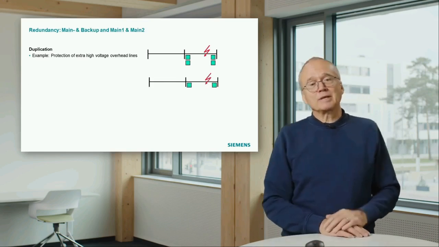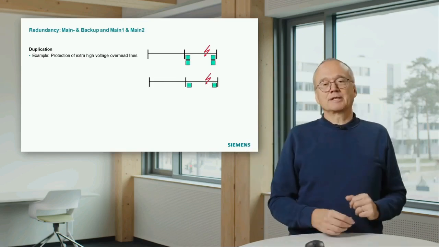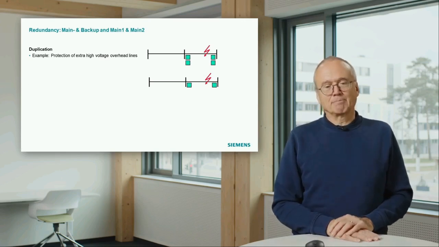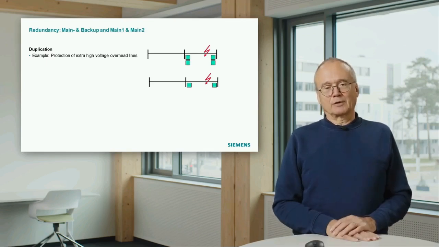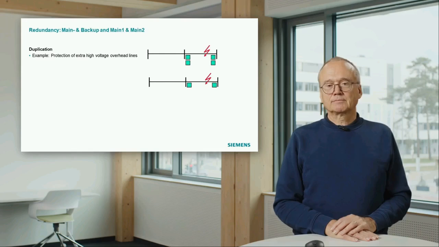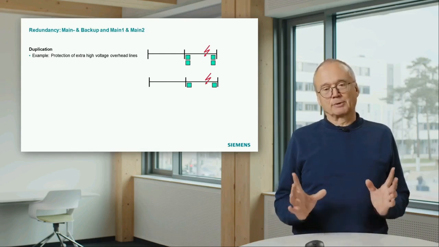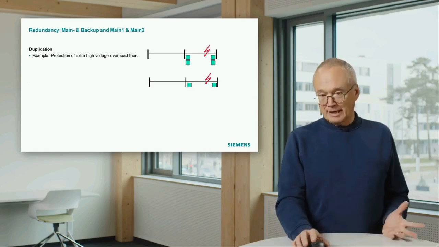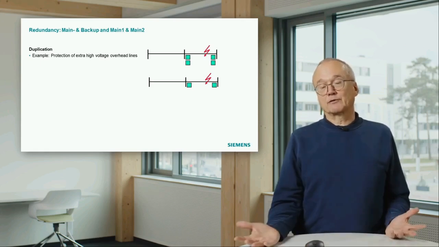The next step would be a bit simpler. Let's take the same example here, the line. And let's now assume you have a line differential protection here. The line differential protection needs communication between two ends. And if this communication fails, the line differential is dead.